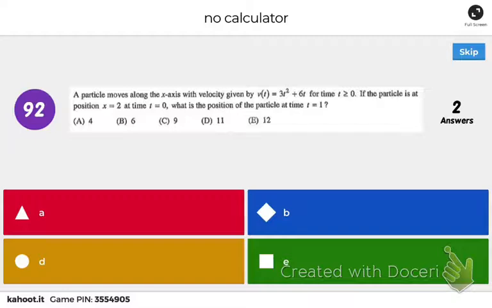So again, this is a no calculator question. I think the next couple, if they think the calculator is next, it's whatever that's worth.